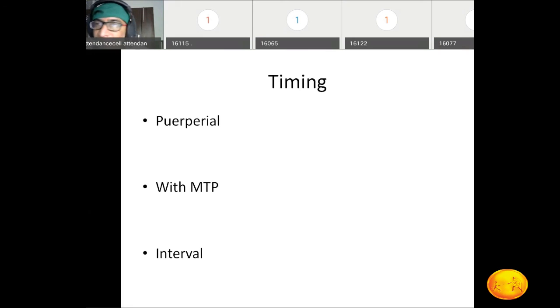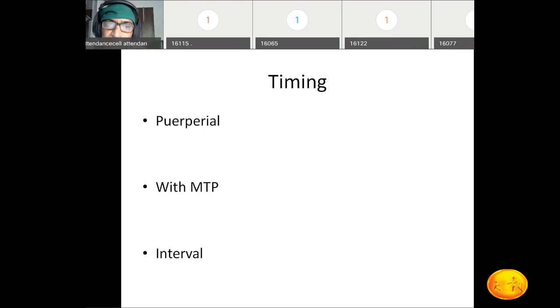Okay, when can we offer tubal ligation? One is the puerperial, meaning immediately after the delivery. Then with MTP, simultaneously with the MTP, and another one is interval tubal ligation. What do you mean by interval? Interval means interval between the two menses.